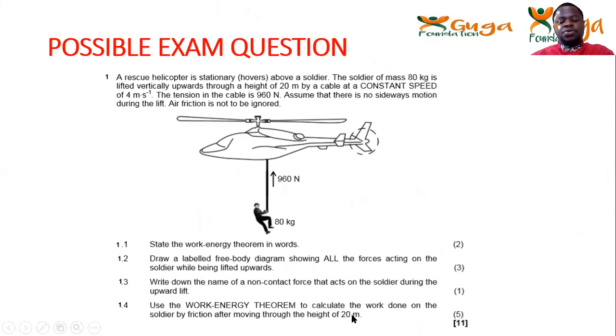So here also you have to note the work net. You're going to add the work done by the gravitational force, the work done by the applied force, and the work done by air resistance, which is equal to the change in kinetic energy. If we talk about a constant speed, you have underlined here constant speed, so it means your right hand side will be equal to 0, because the change in kinetic energy is 0, because your final velocity and your initial velocity are equal.